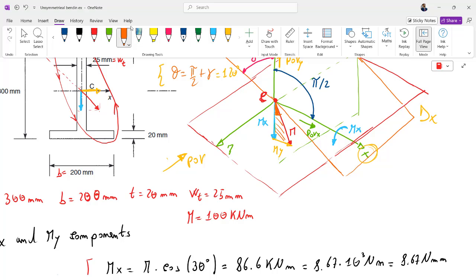So I switch pen because orange is quite a confusing pen. So this angle is also alpha.